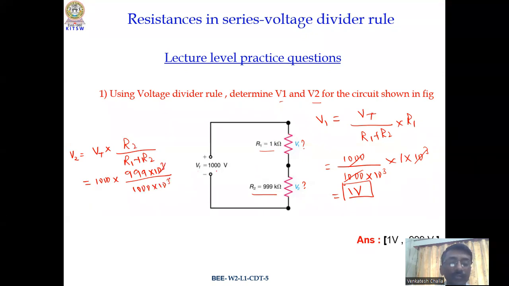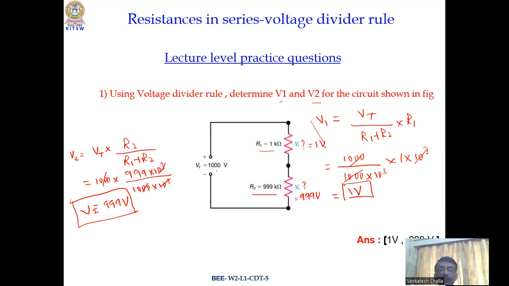So 10 cube and 10 cube will cancel, 1000 will cancel. We'll get 999 volts. So V2 is 999 volts. Total is 1000 volts. Here 1 volt will appear, here 999 volts will appear. So some portion of the voltage will appear as V1, some portion will appear as V2.